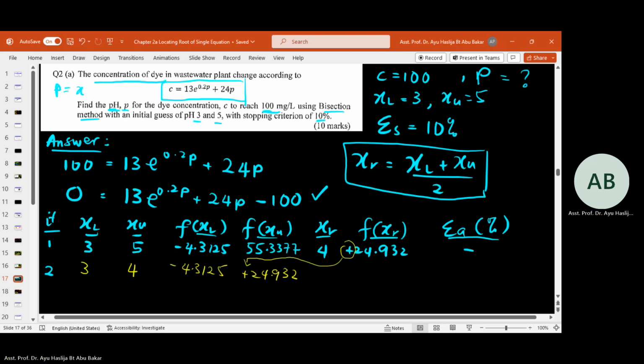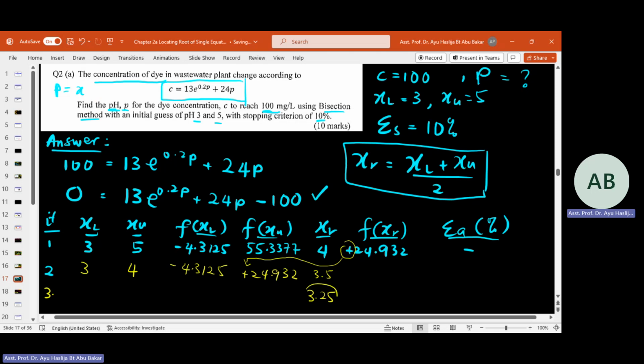Get 3 iterations, right? Until the third iteration, you will get your XR is 3.25. The second iteration, what you get for XR? 3.5.